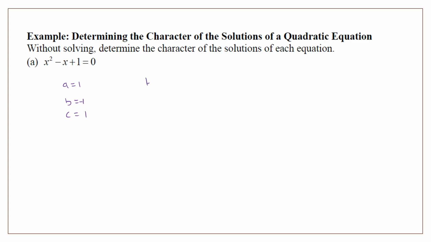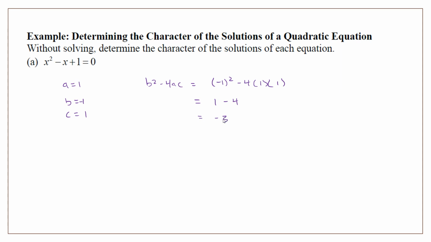So if we enter these values into the discriminant, we will get -1 squared minus 4 times 1 times 1. Simplifies to 1 minus 4, which equals -3.